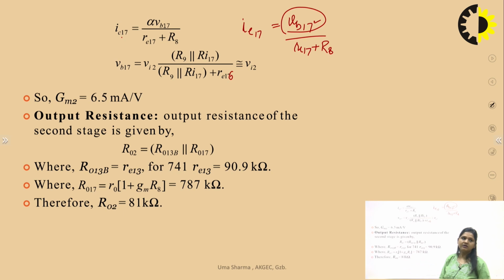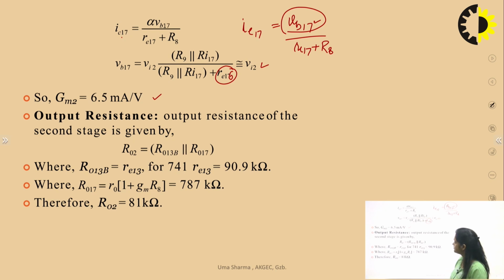So if I cancel out these two terms, or if I neglect this RE16, then this comes equal to VI2. So with the help of this formula, by putting in all these values, we can calculate GM2. Here the value of GM2 is 6.5 milliampere per volt. So this is how we can calculate the transconductance of the second stage.